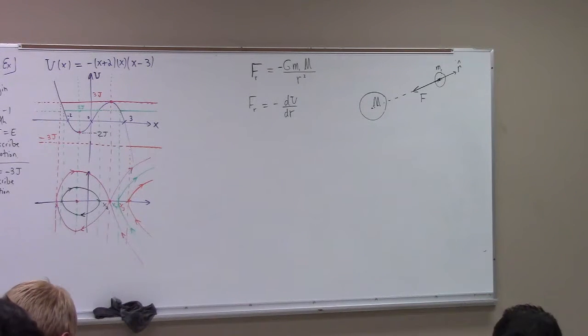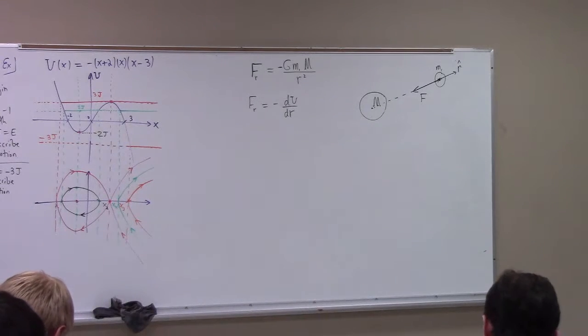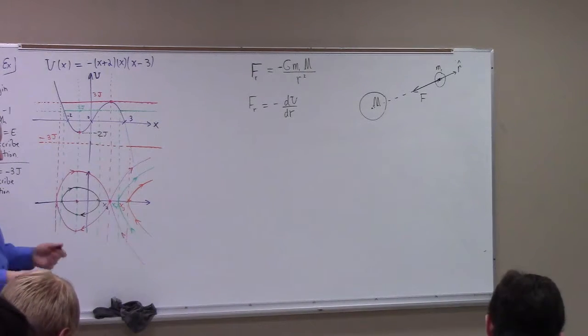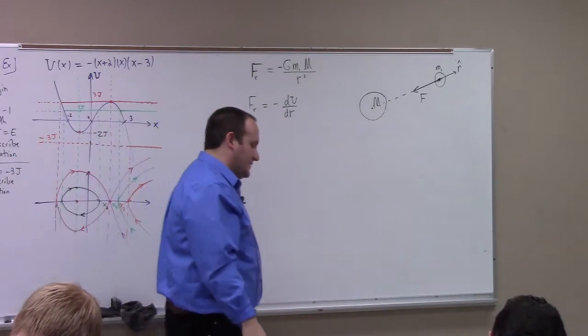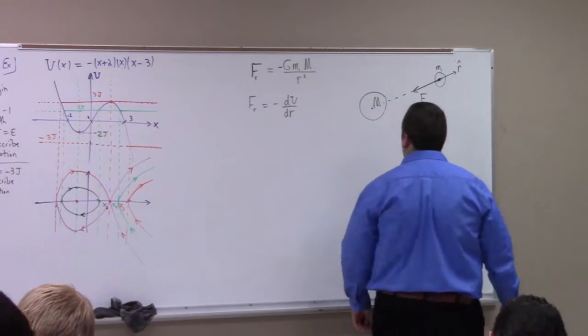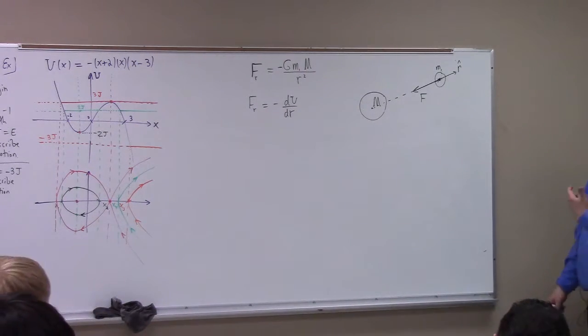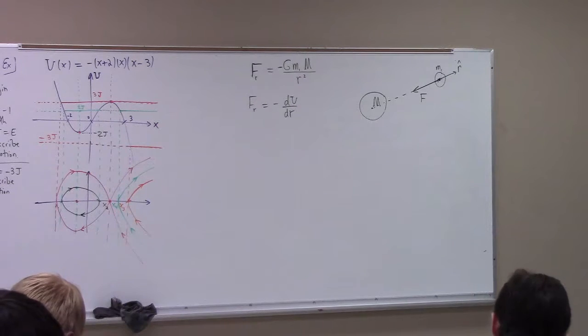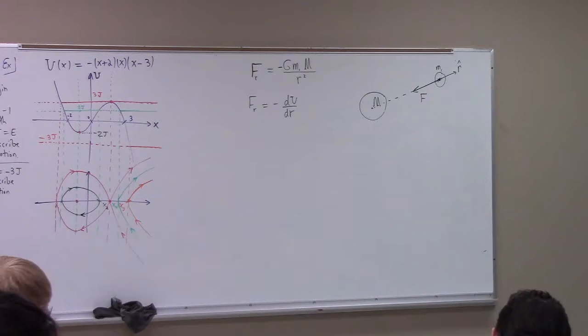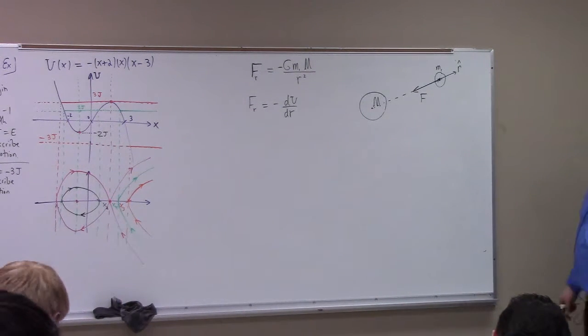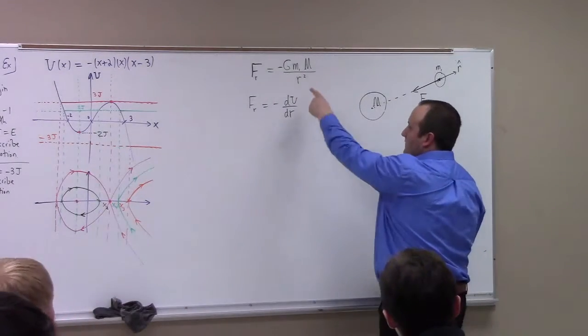Neglecting the other parts of the motion, like the angular aspect, just focusing on the radial. Admittedly, there's vector calculus I need to do to justify this as being a reasonable neglect to make, but it turns out to be reasonable. Again, I'll do that some other day when it's more relevant. That's what we're doing. So what's the formula for U?